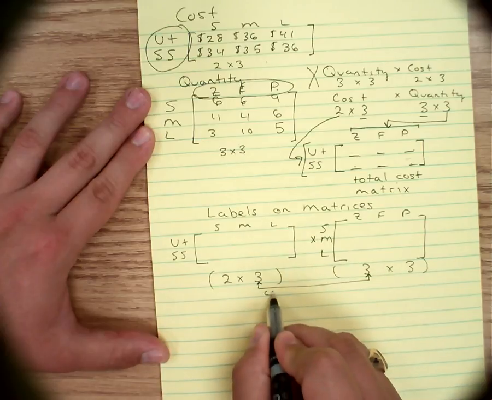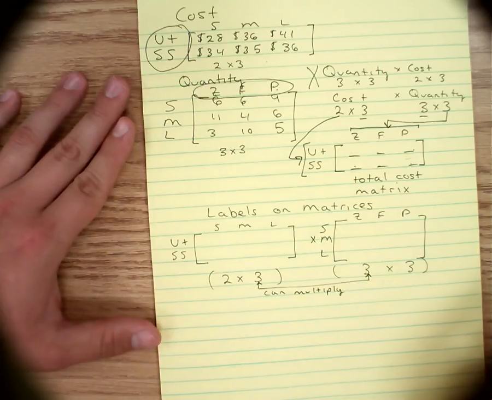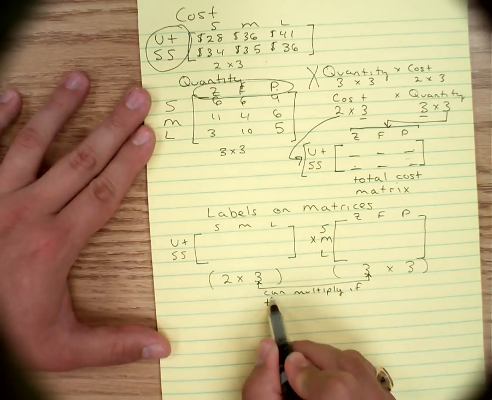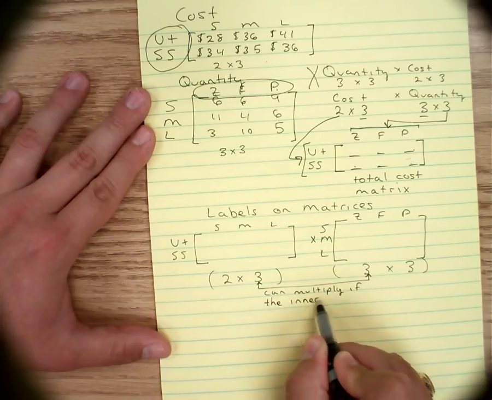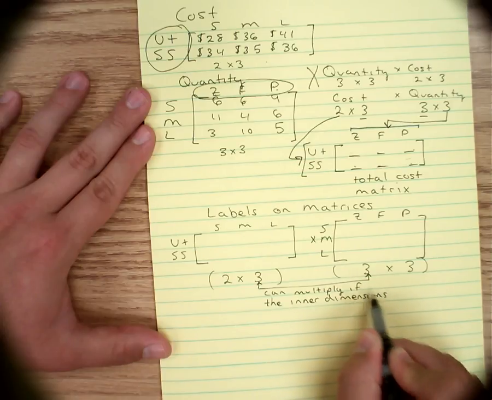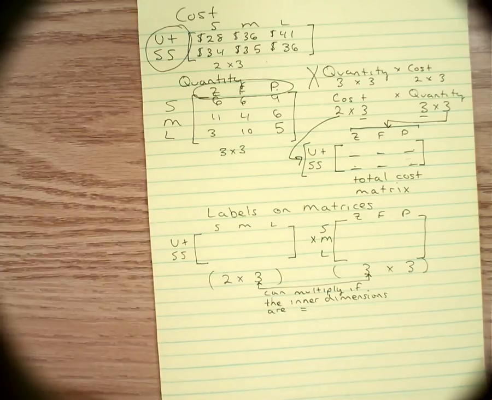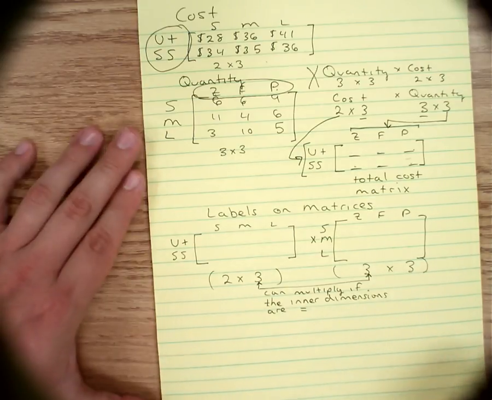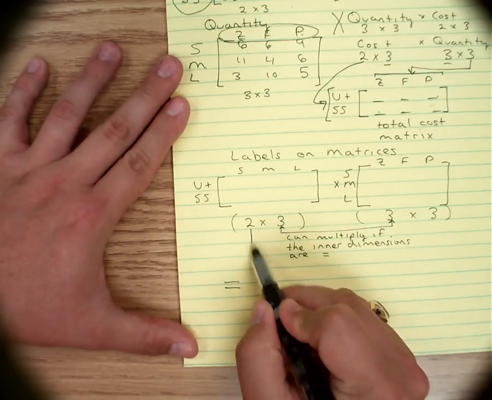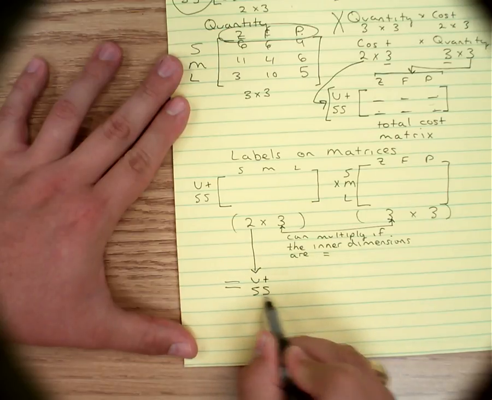So we can multiply if the inner dimensions are equal or identical. And then the product of this: my rows come from this first one, which was Uniforms Plus and Sporting Supplies.